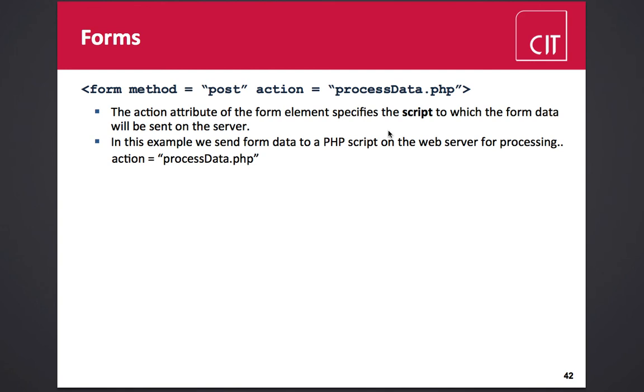Well, I suppose if it's the action, it says action process data.php. All you do is put in a URL there. So that refers to a file, doesn't it? Action process data.php, that's a PHP file. It'd be a PHP program, yeah. So that's the actual file that processes the data on the form? Well, the file is just a PHP program.